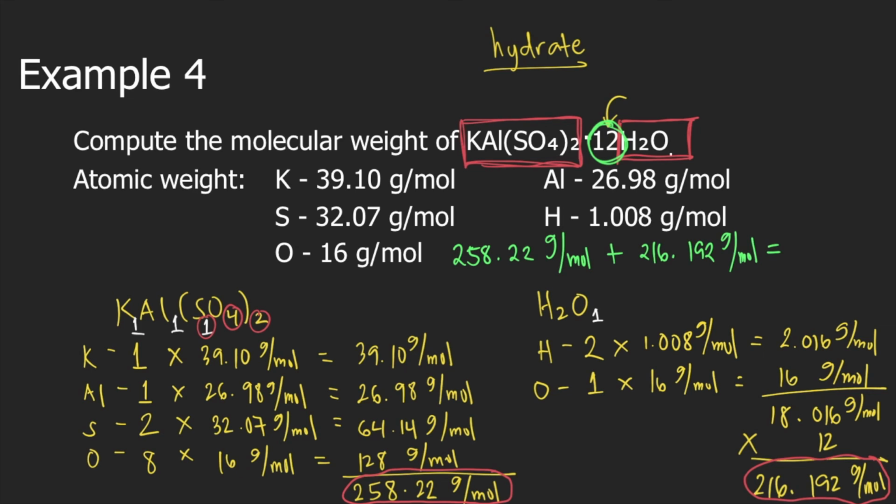The total is equal to 474.412 grams per mole. So the molecular weight is 474.412 grams per mole.